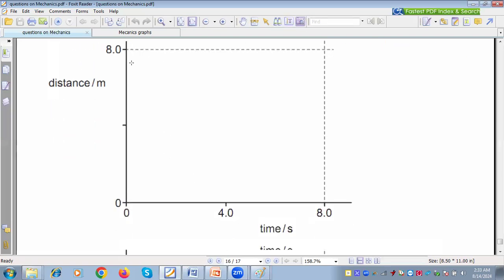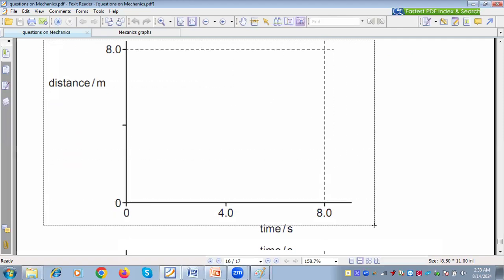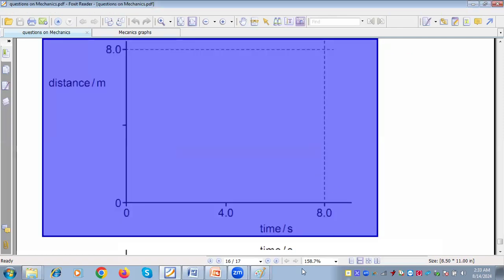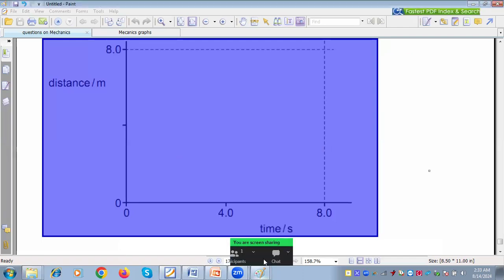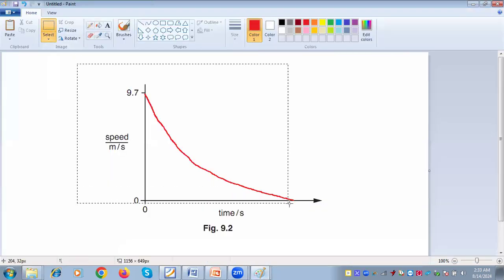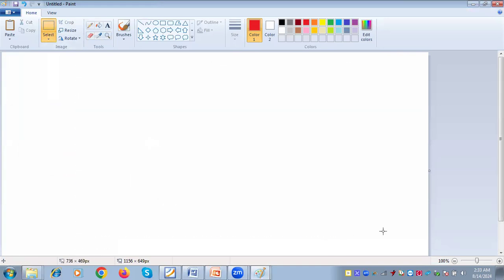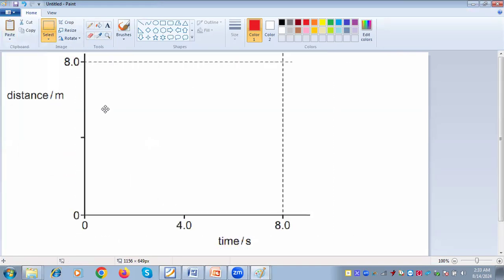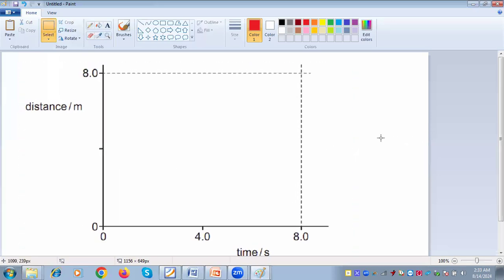So what will you do in order to sketch this? Uniform acceleration for distance time graph will be curving upward. Means something like this, up to 4 seconds uniform acceleration like this.